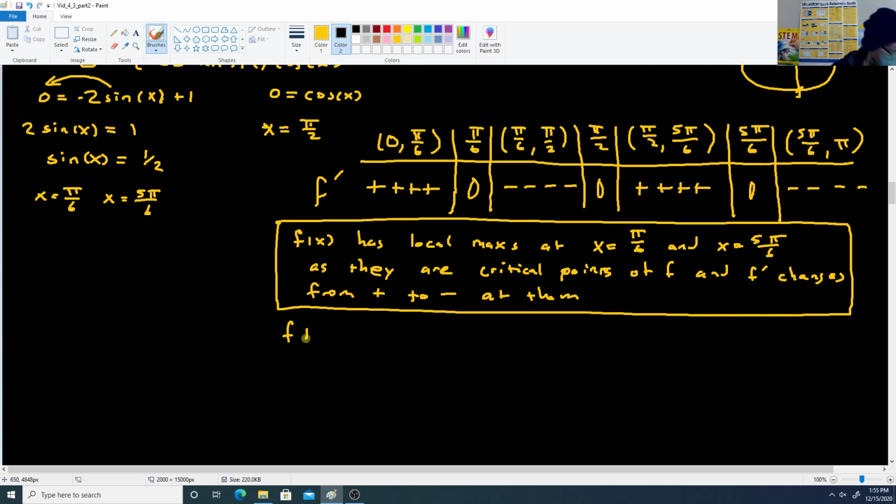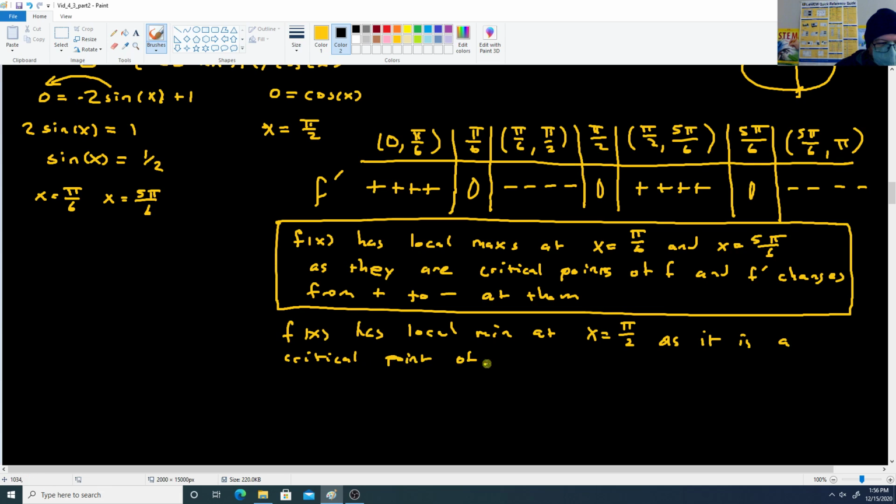So we'll say f of x has a local min at x equals pi over 2, as it is a critical point of f and f prime changes from negative to positive at it, I guess we could say.